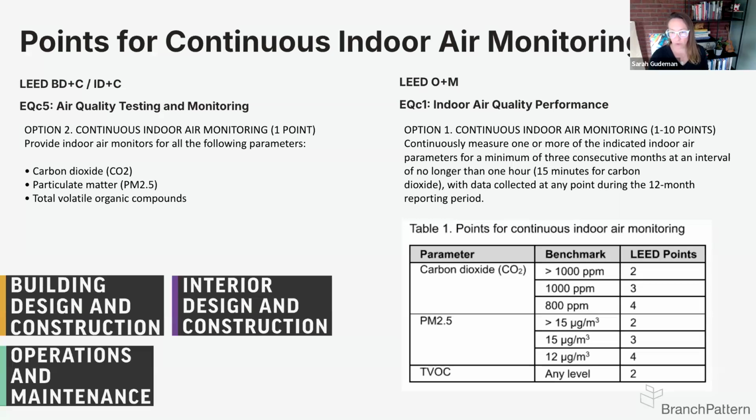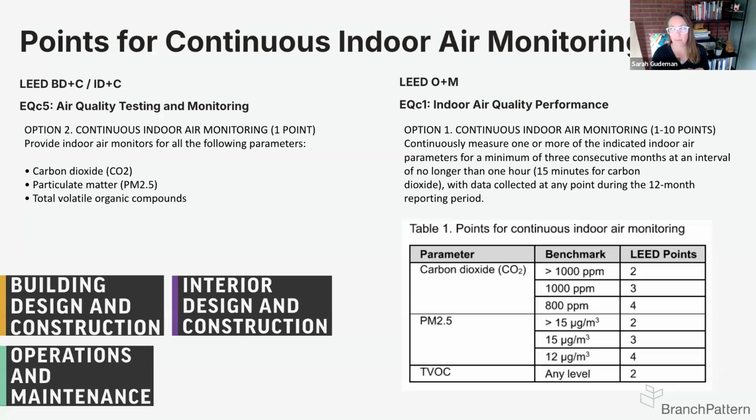Option 2 then includes targeted one-time testing for parameters like carbon monoxide, PM10, PM2.5, or TVOC. And Option 3 includes 2 points for targeted one-time TVOC component testing. I think there are something like a dozen individual VOCs that you can test and limit, demonstrating the project does not exceed the limits as defined.